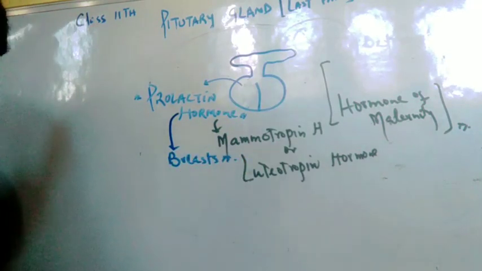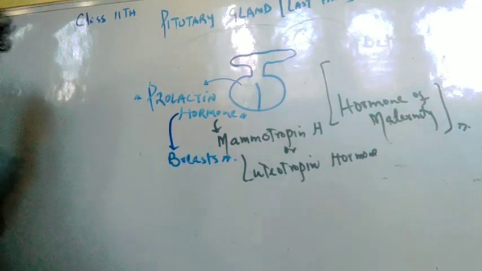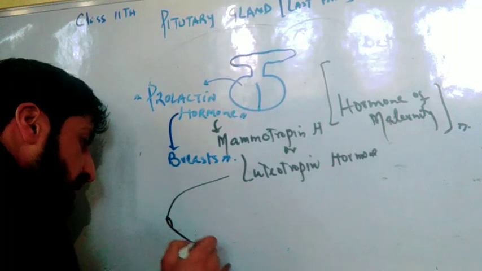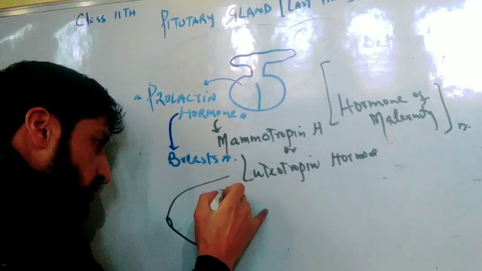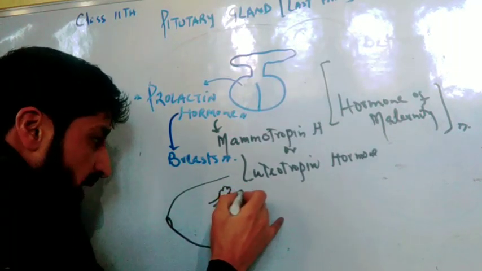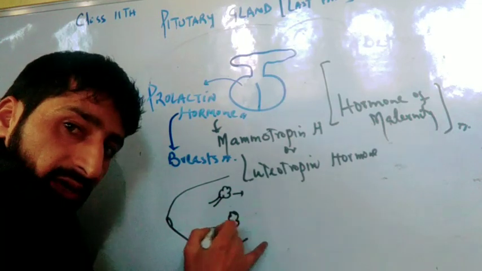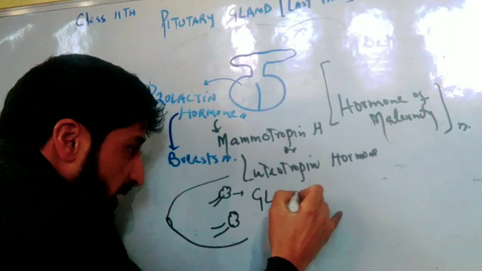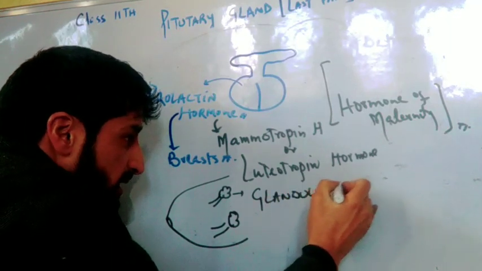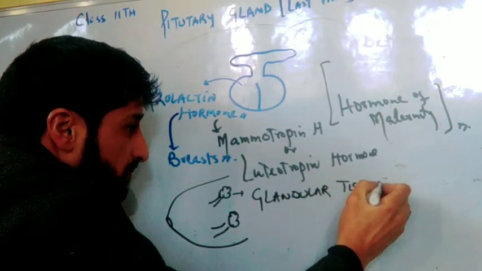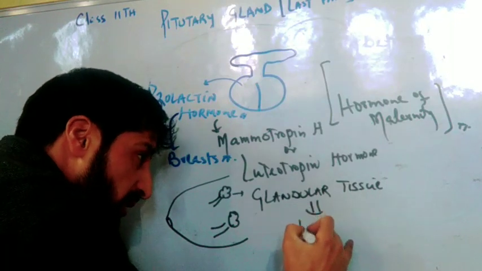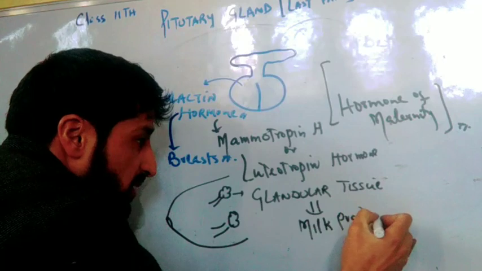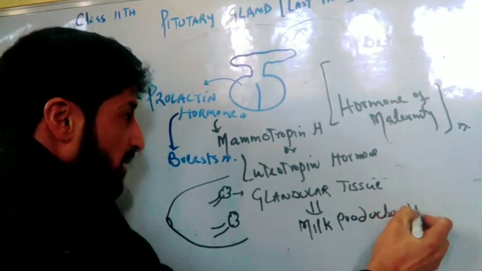In the mammary glands there is a very special tissue, known as glandular tissue. It is this glandular tissue that is responsible for milk production in the mammary glands.